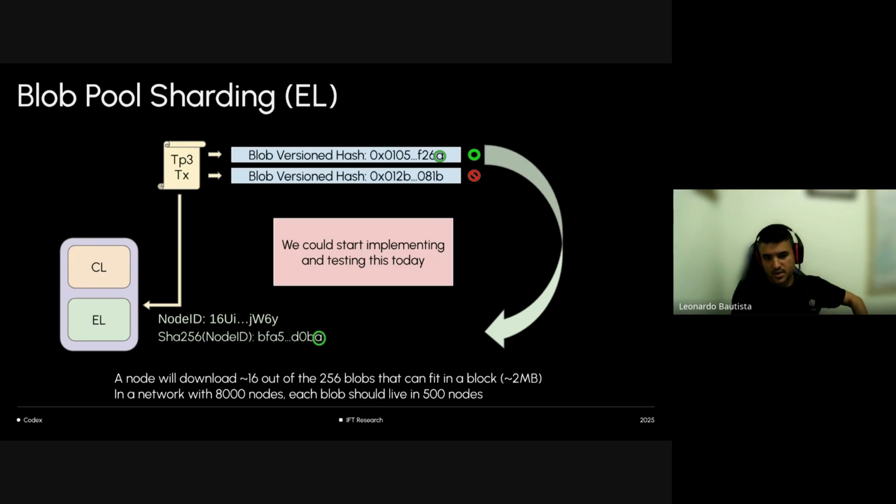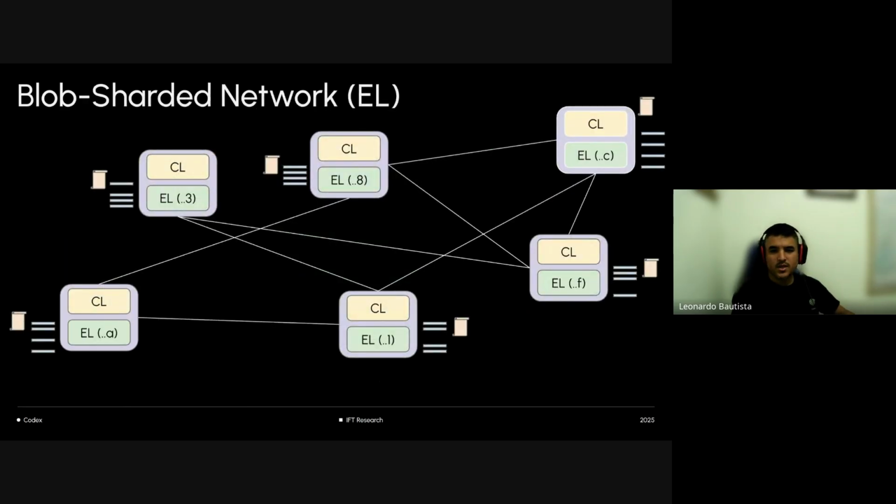Okay, so this is the first thing that we propose, and that will lead to a network in which you have multiple nodes. Every node has the execution payload, which is this little scroll that I put next to the nodes. So every node will receive the execution payload, but that is fine. So you have all the transactions of all types and everything, but the blobs, which are these little blue rectangles that I have next to it, every node will download different blobs, because depending on the hash of their node ID, they will need to download different ones.